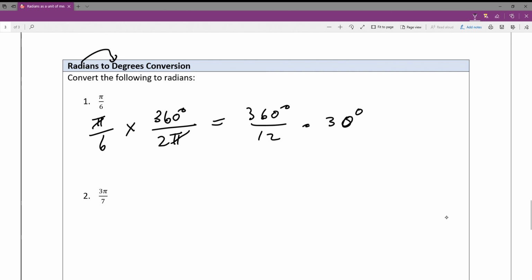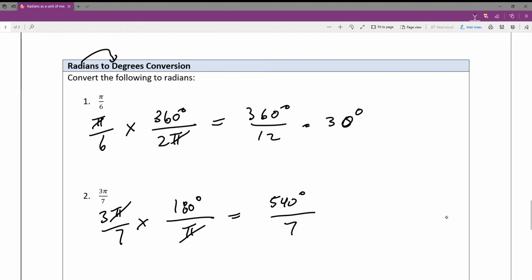Okay, let's do the next example. 3 pi over 7. I'm going to multiply that by, again, you can use 180 over pi instead. The pi's cancel, and then you end up with 540 degrees over 7, which I don't think I could simplify.